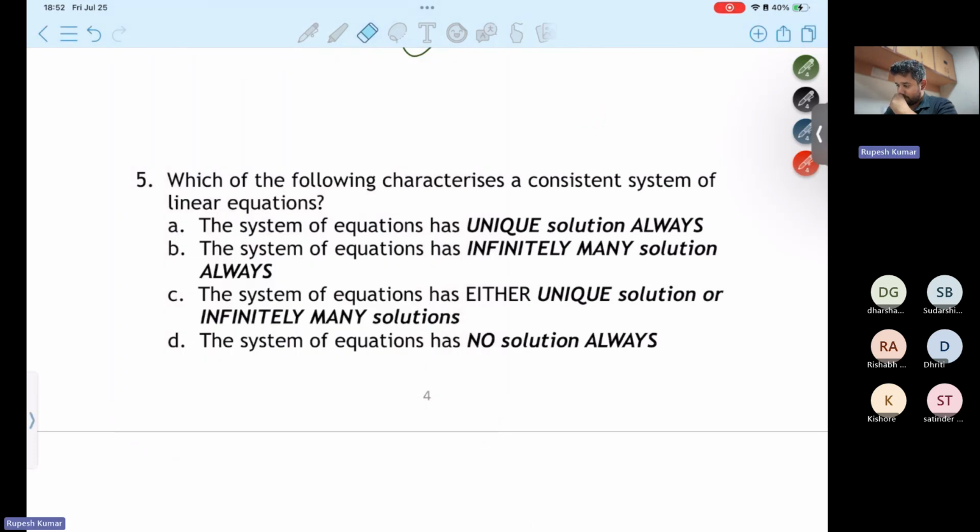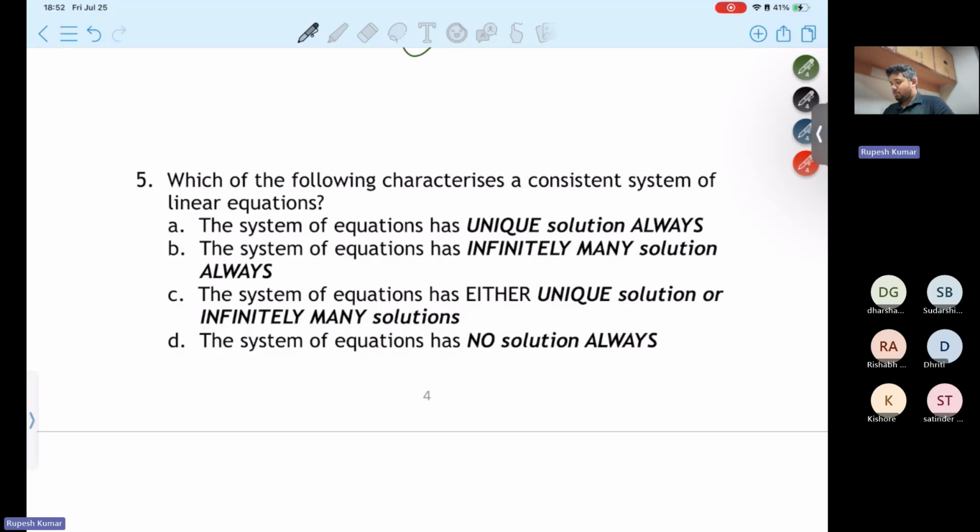Option A: the system of equations has a unique solution always. Option B: the system of equations has infinitely many solutions always. Option C: the system of equations has either a unique solution or infinitely many solutions. Option D: the system of equations has no solution always.